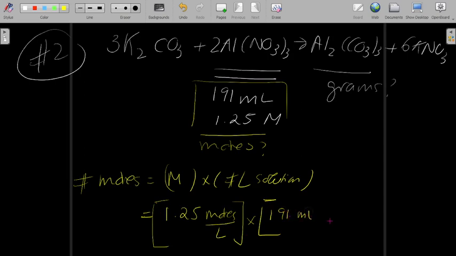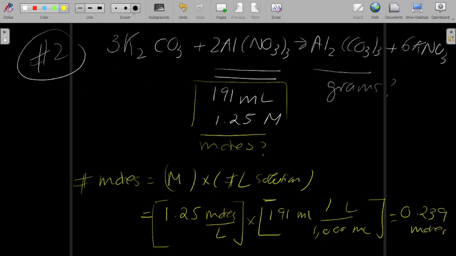191 milliliters. I don't want milliliters, I want liters, so it's 1,000 of them in 1 liter. Calculators are great with parentheses, just put everything in and you can find out how many moles you have to play with. And according to my calculations, that comes to 0.239 moles.